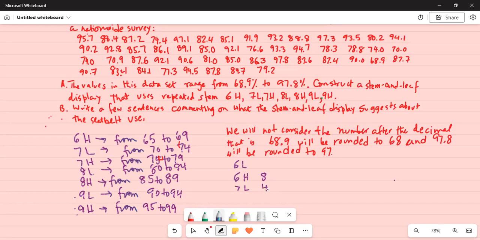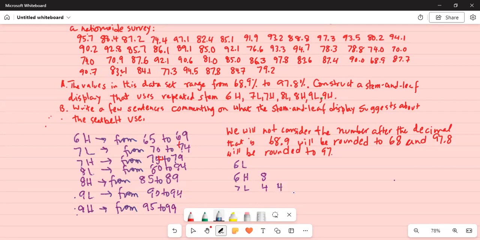Next, I'm looking in the first row, there is nothing more in 7 low. How about the second row? There is a 76.6, which is 76, which is 7 high. So we will forget it. There is another 74 in the second row. So that will be another 4.